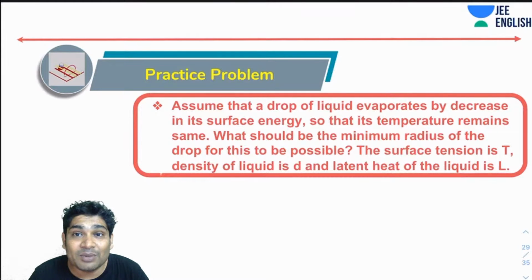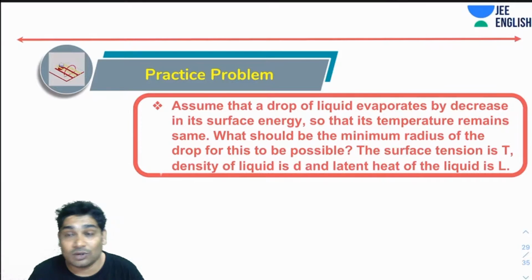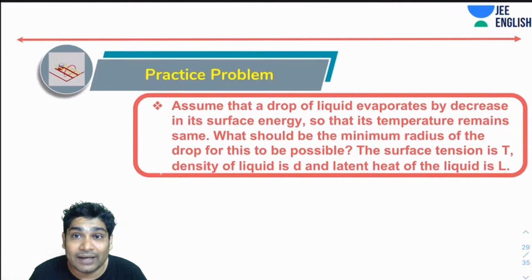So what is the minimum radius of the drop for this to be possible? The surface tension is T, the density of the liquid is D, and the latent heat of the liquid is L.